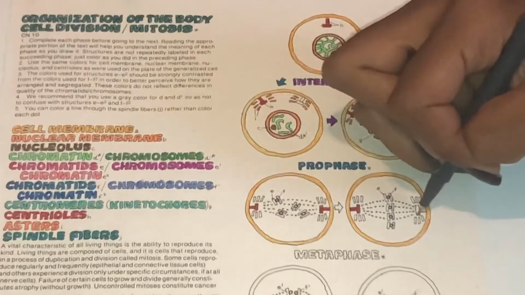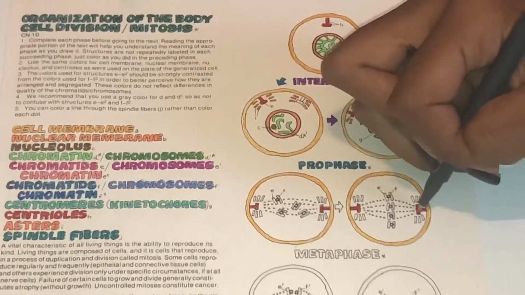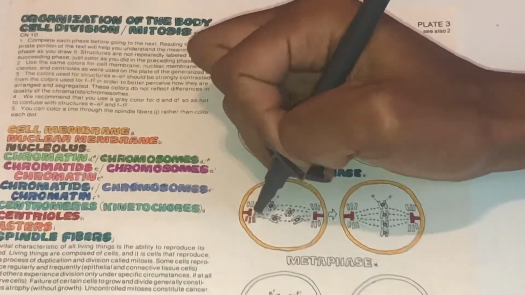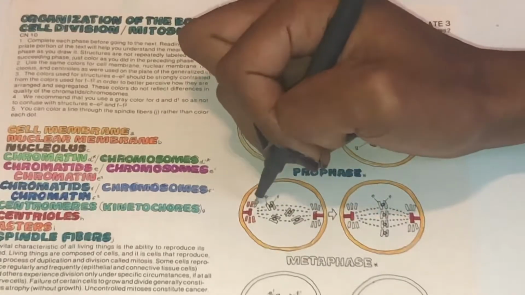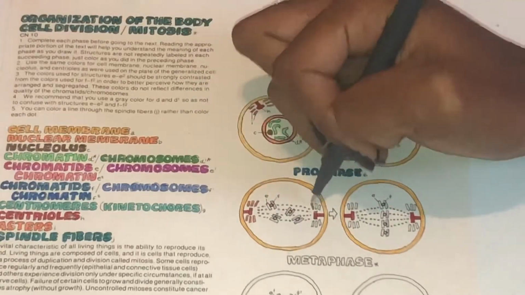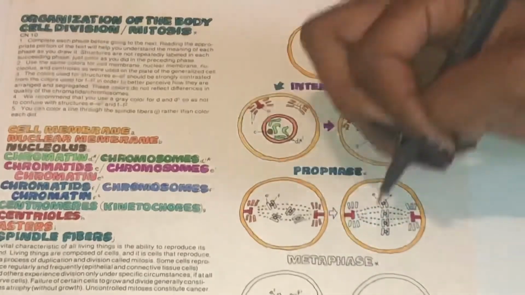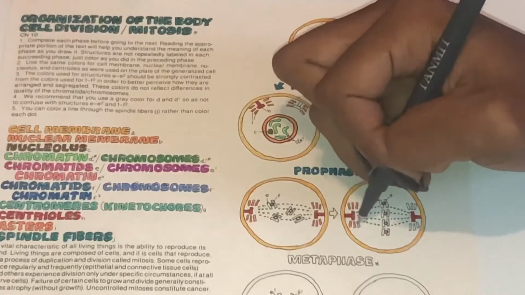And right now I'm coloring in the centriole. Asters. More asters.